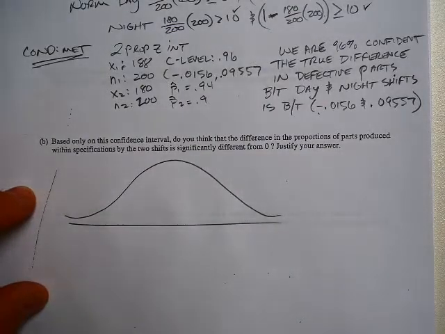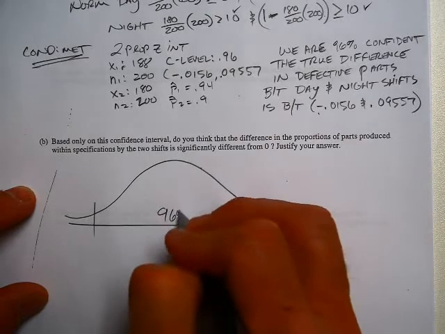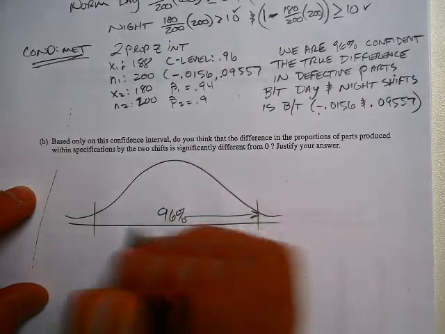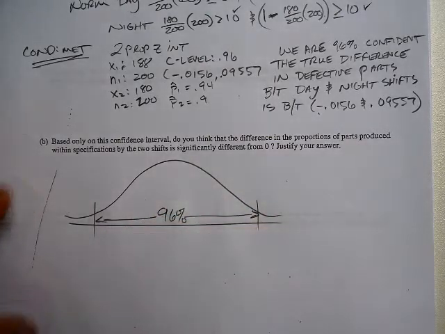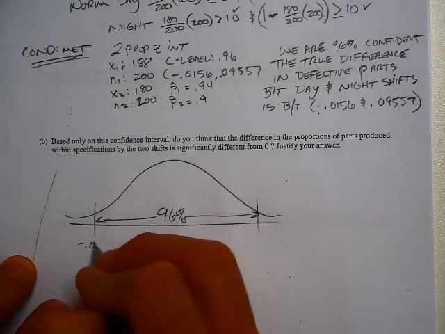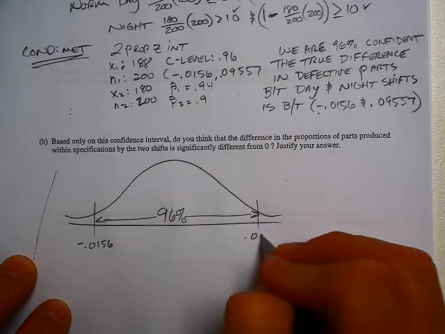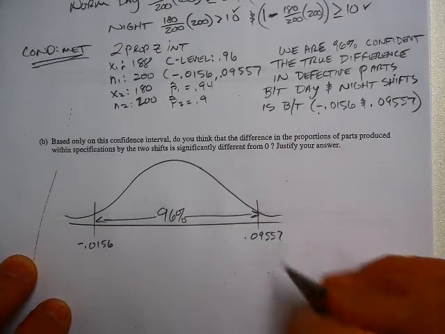We're going to draw the curve. We've got a 96% confidence interval. So 96% of our sample should fall between these two values. And the values are at negative 0.0156 and 0.09557.